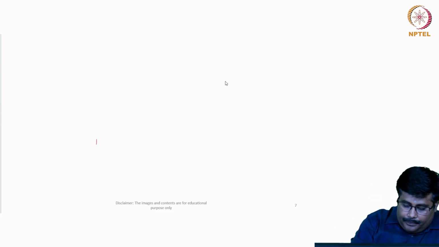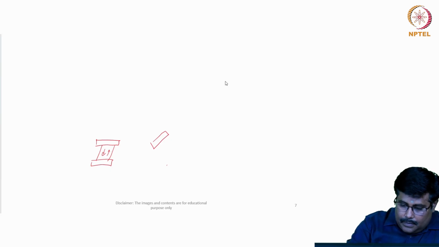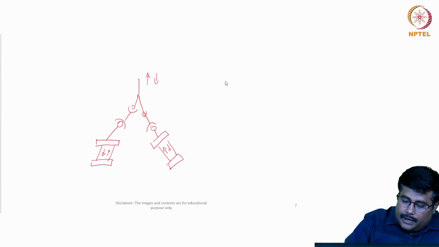Where we have a solid state actuator, okay, so this is a kind of a push-pull assembly.